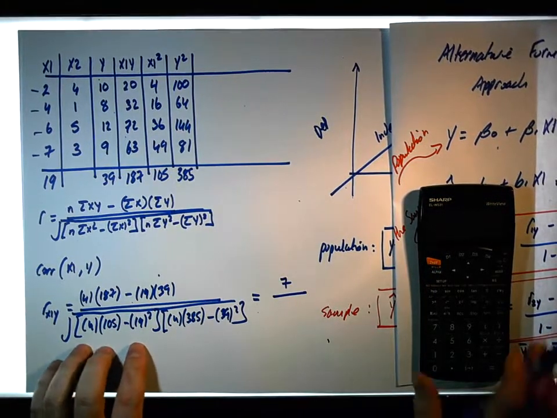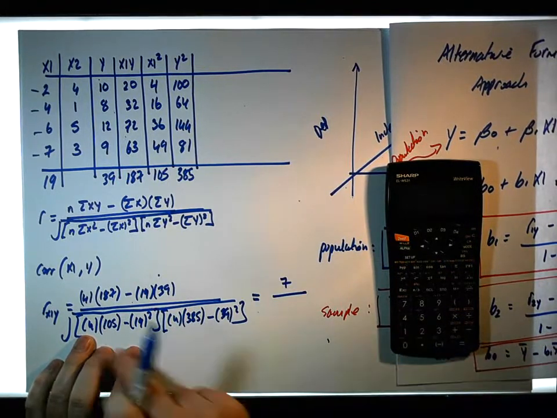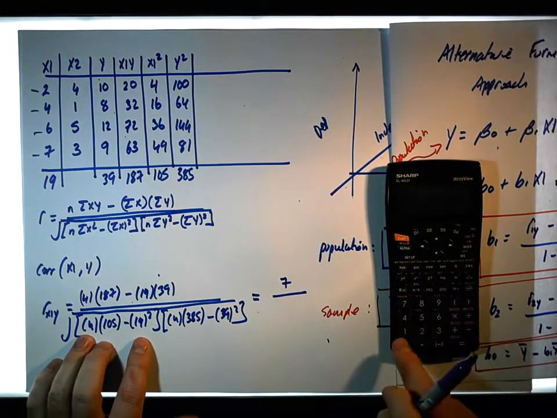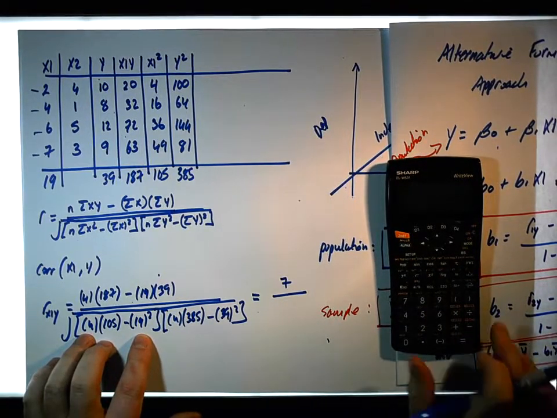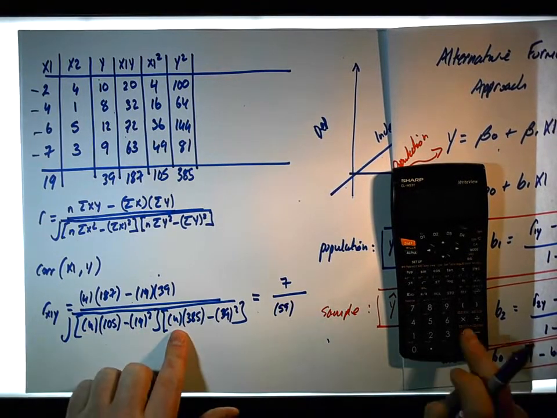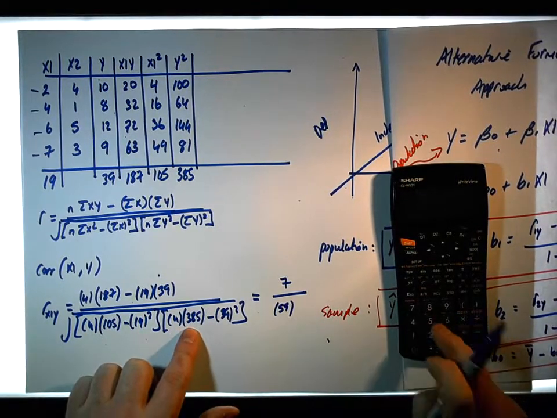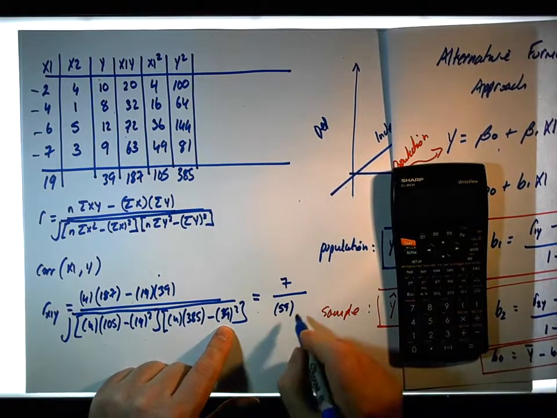The denominator here, I'll just do what's inside. So it's 4 times 105 minus 19 squared, which gives us a value of 59. And it's 4 times 385 minus 39 squared, which gives us a value of 19.